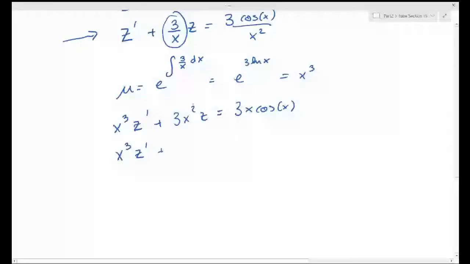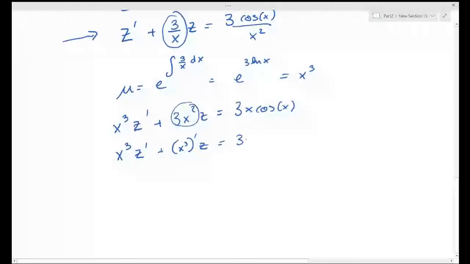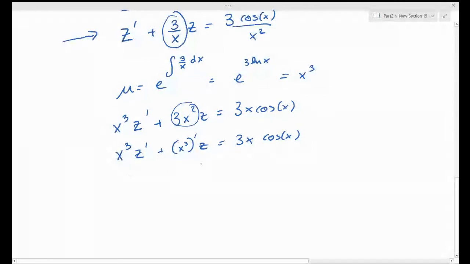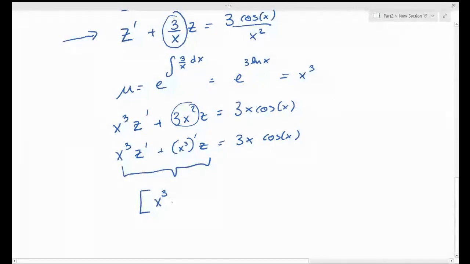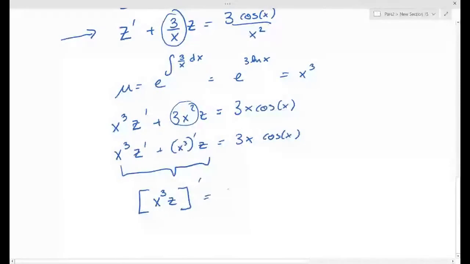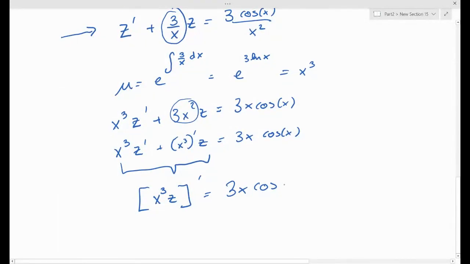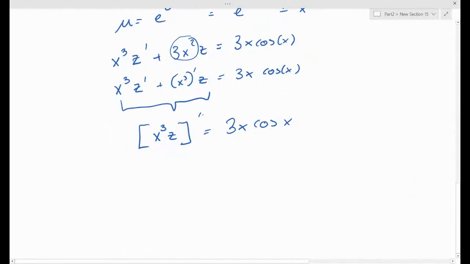And we observe that 3x squared is exactly the derivative of x cubed. So really, the left-hand side is just the result of applying the product rule to the integrating factor times z. And then we deprime the thing, so to speak.